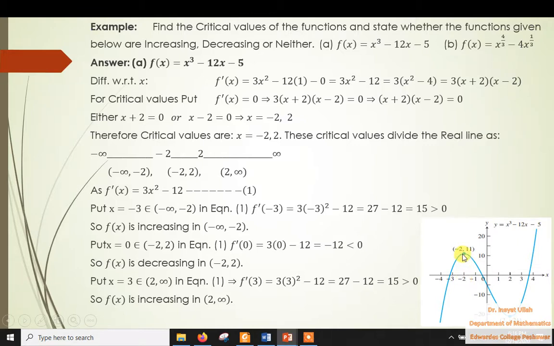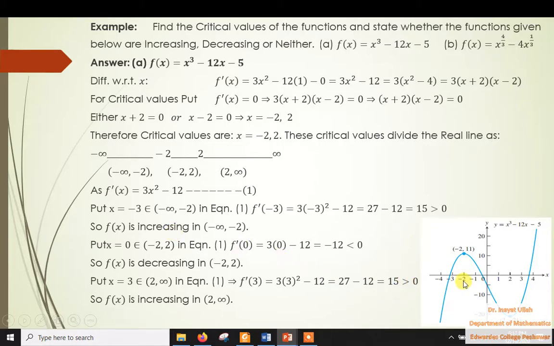Up to minus 2, if we increase the value of x from left to right, the graph goes upwards, increasing. So between minus infinity and minus 2, the graph of f of x is increasing, the function is increasing.